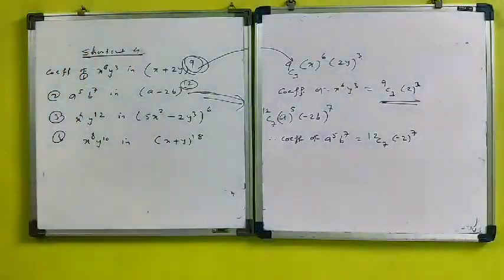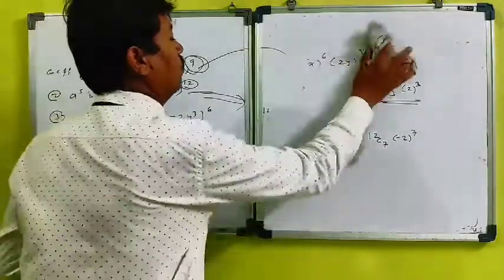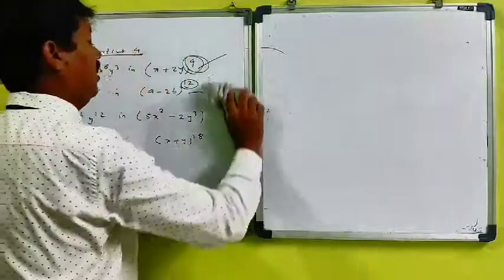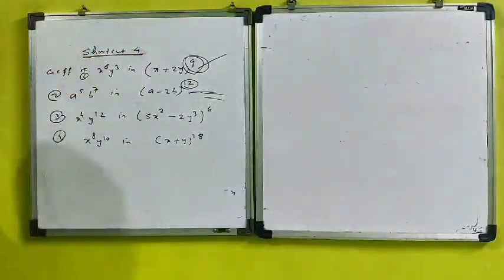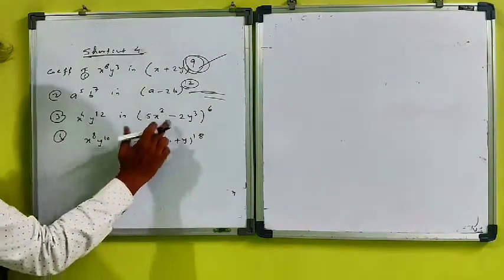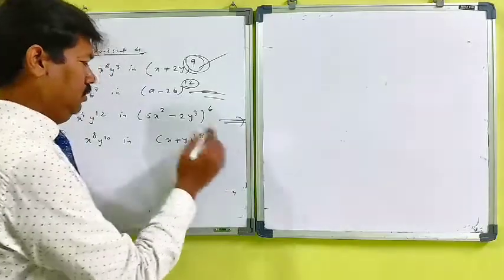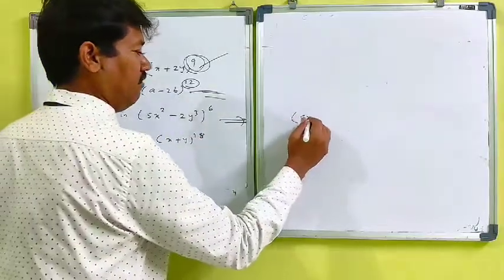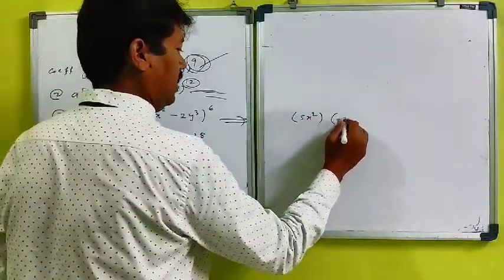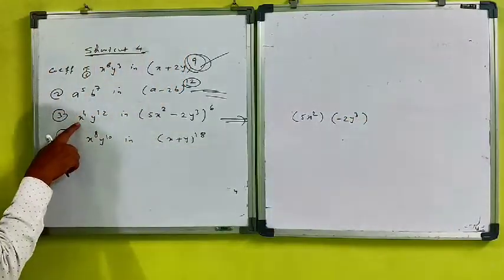Next two sums also, look at that. What do we do in the next row? The question is you have to find x to the 4, y to the 12. Write the two terms in two separate brackets: 5x square and minus 2y cube. What do we need? The coefficient of x to the 4. 4 comes after squaring, and here 12 comes after raising to 4.